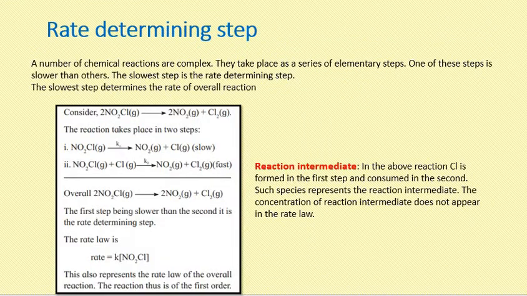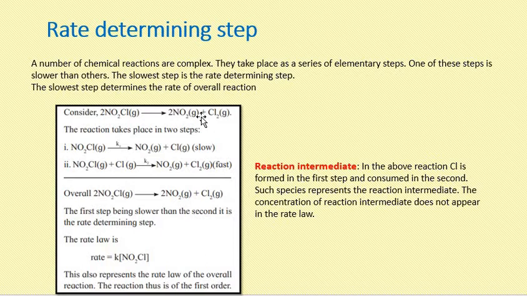Now, let's talk about complex reactions. Complex reactions are those reactions which happen in a series of elementary steps. One of these steps would be the slowest step, and the slowest step is the rate determining step of the reaction. Now let's understand the reaction first. Consider the compound NO2Cl decomposing to give you nitrogen dioxide and chlorine gas.